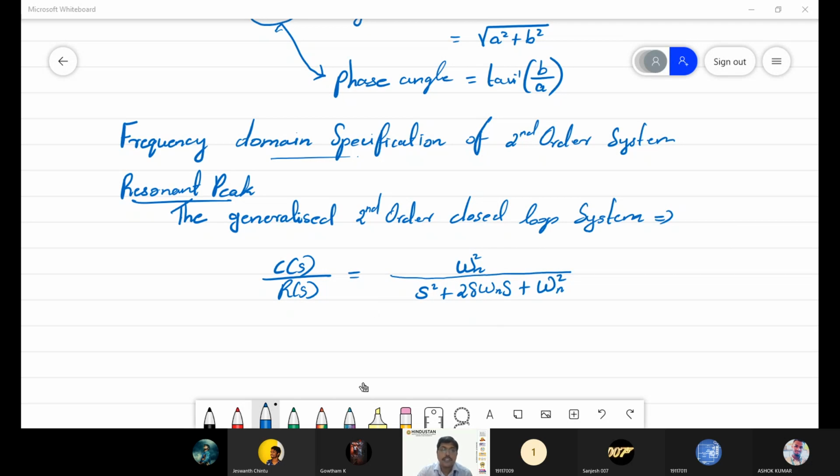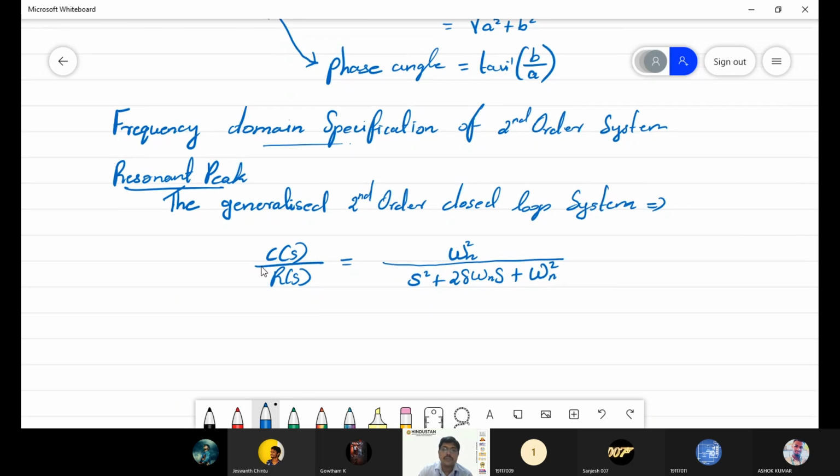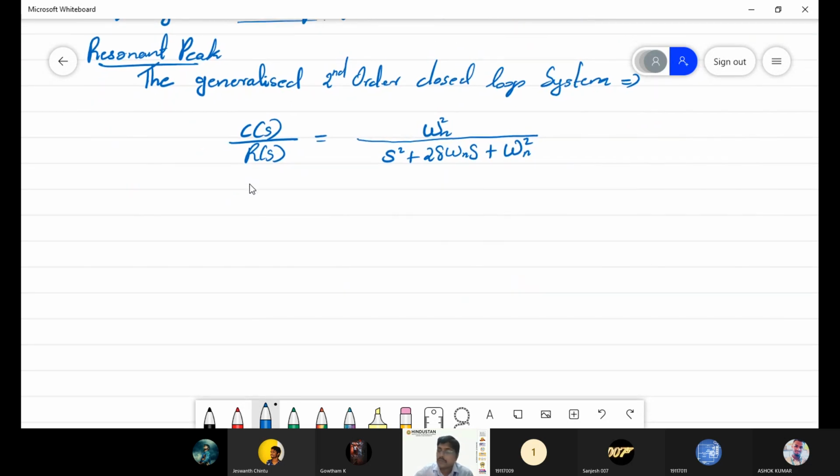Now we need to convert it into a sinusoidal transfer function.